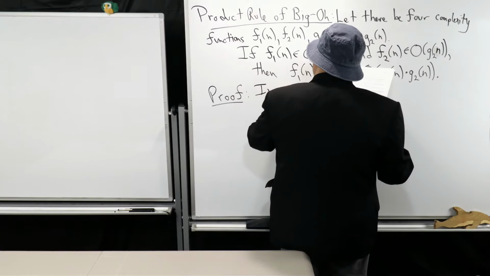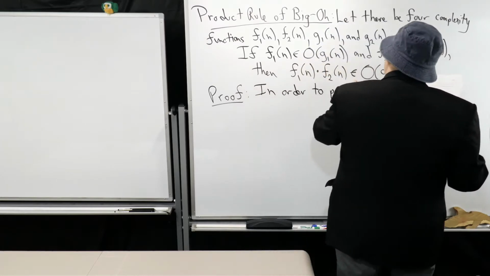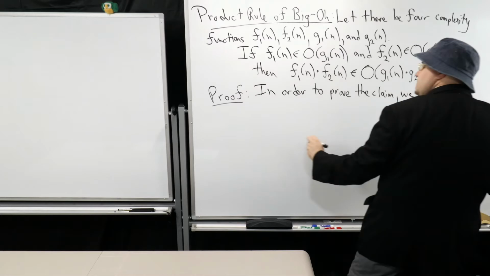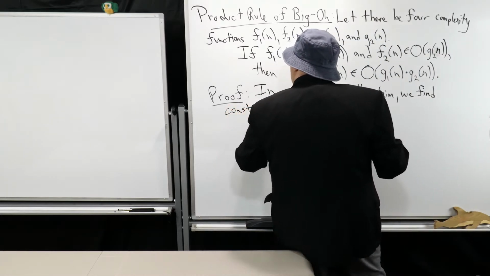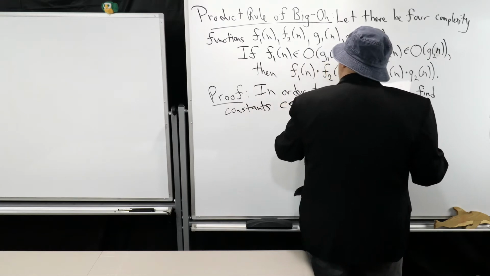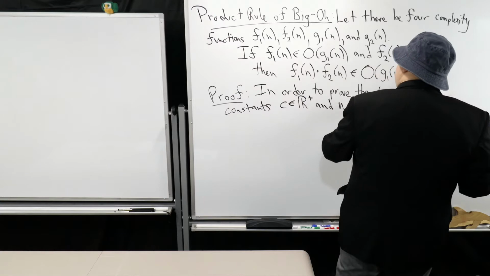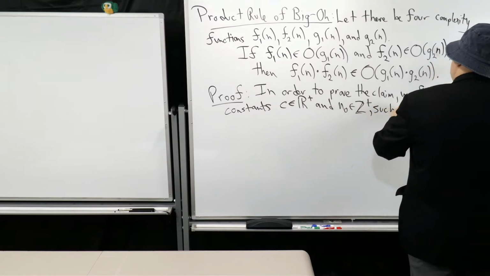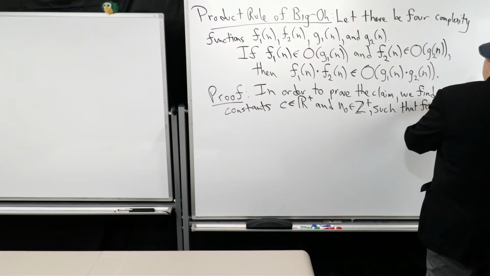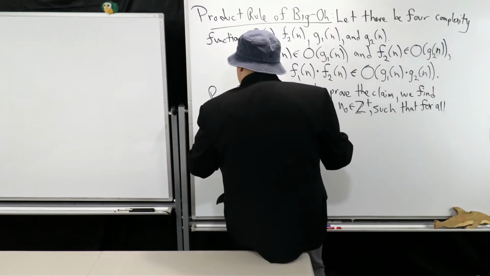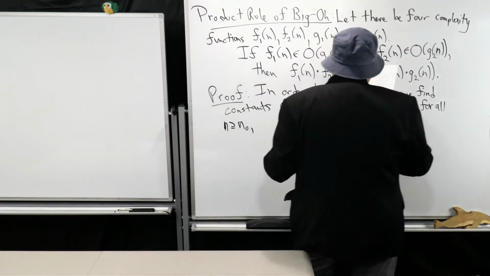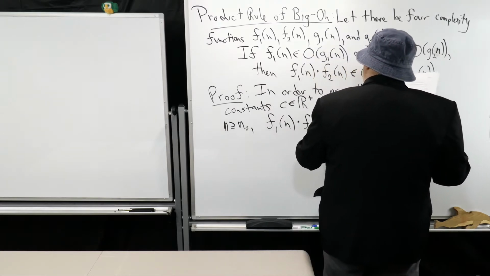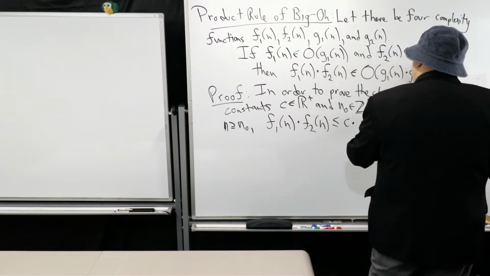I'm going to say, in order to prove the claim, we find constants C, which is a positive real number, and N0, which is a positive integer, such that for all n greater or equal to N0, it must be that F1 of n times F2 of n is less than or equal to C times G1 of n times G2 of n.